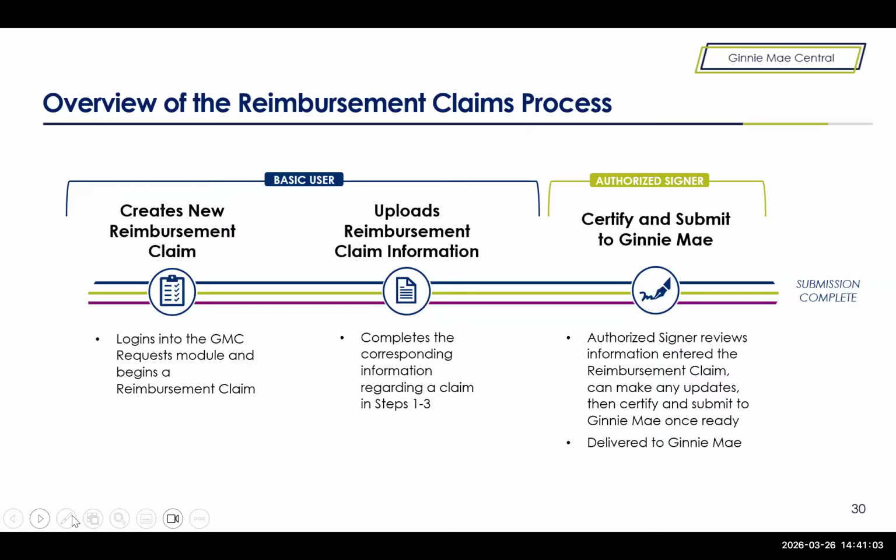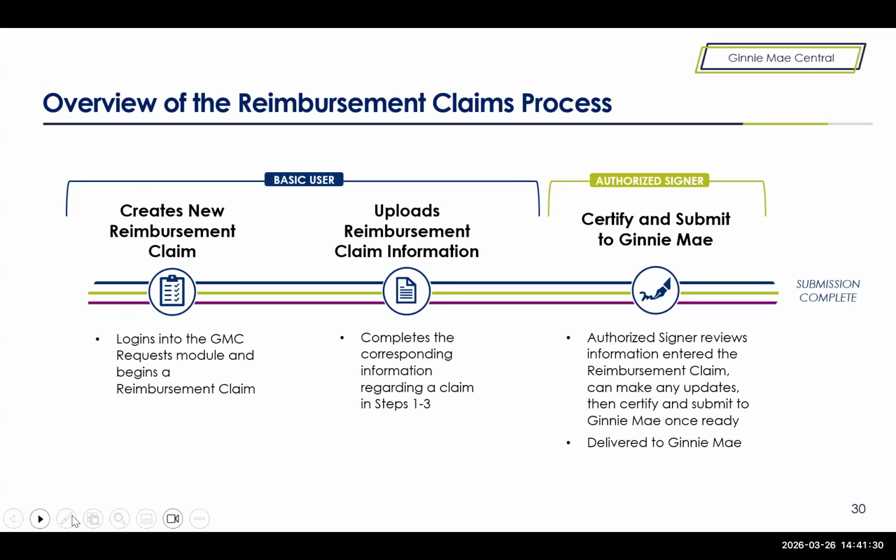Then they will come in and review all the information that has been inputted and certify and submit it to Ginnie Mae. And like I mentioned earlier, you can also be the authorized signer and do the same first 2 steps and complete the entire submission.